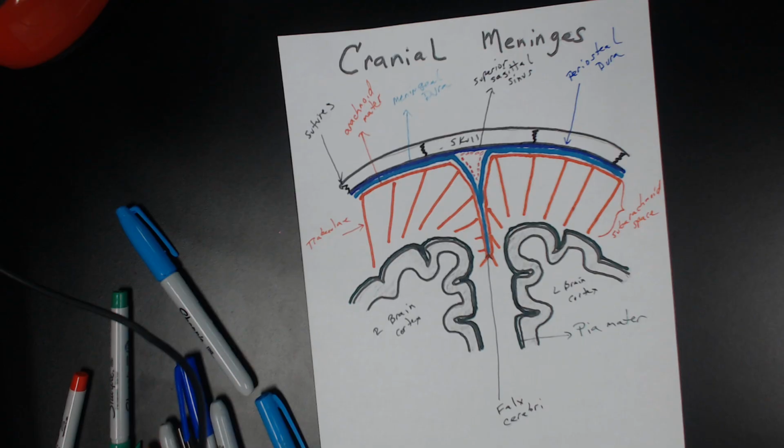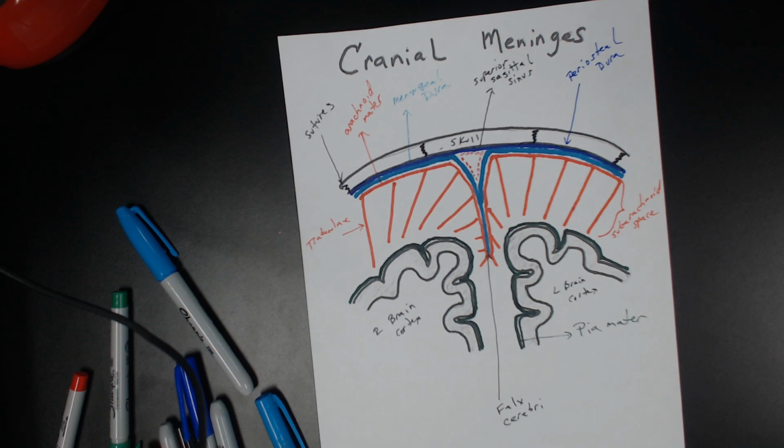The dura matter is more like an elastic, harder shell. And then the pia mater and arachnoid matter are a thin, fine membrane. Okay, good question.